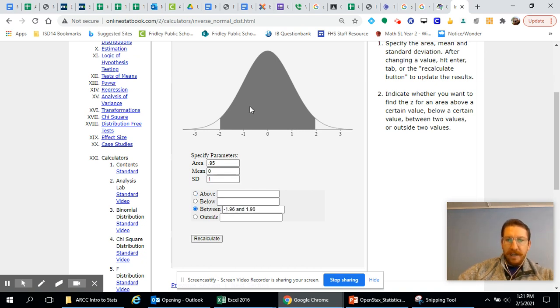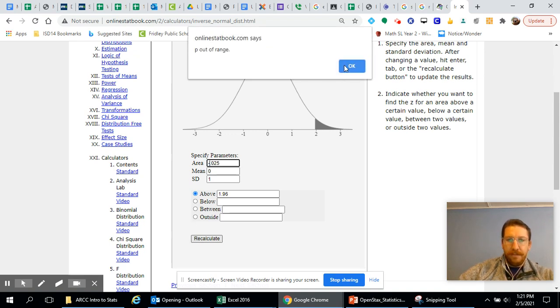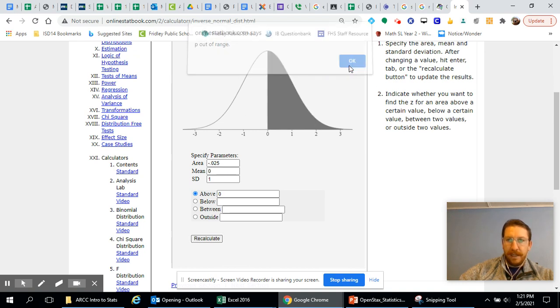So a middle region of 0.95, that would give me a left bound of negative 1.96 and a right bound of 1.96. Now I could test this too. If I wanted to go 0.025, as they found, go above 0.025, that would give us that right-hand side. Take note, that's that 1.96. Or if I typed in negative 0.025, nope, it doesn't like the negative sign. Okay, I get it.